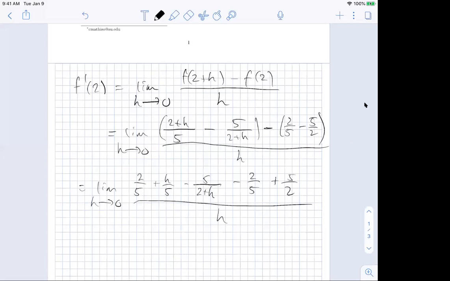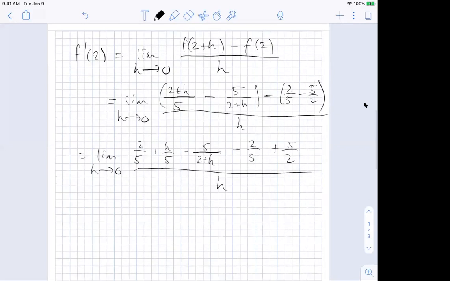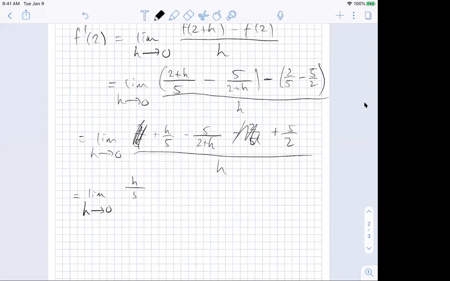Yes, and then someone online said we're going to need to get a common denominator, and that's exactly right. First, I'm going to cancel out this 2 over 5 with this minus 2 over 5. And then this is going to become the limit as h approaches 0 of h over 5 minus 5 over 2 plus h plus 5 over 2, all divided by h. So I don't want a common denominator for all three of these things.